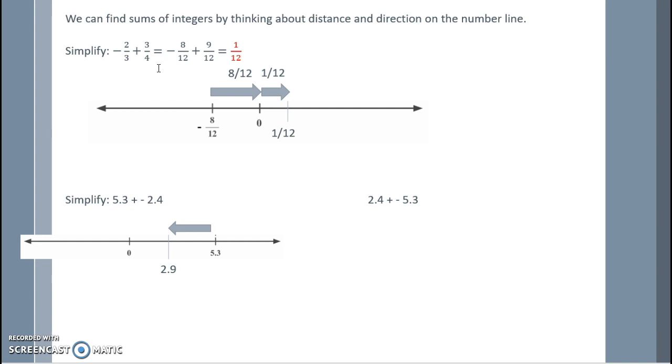However, if I were to start at 2 and 4/10 and add a negative 5 and 3/10, I would first need to go a negative distance of 2 and 4/10, and I would still need to go 2 and 9/10 more to add up to negative 5 and 3/10. So this would be negative 2 and 9/10.